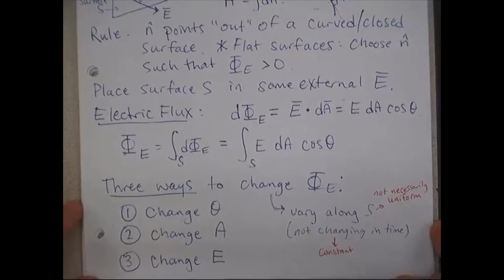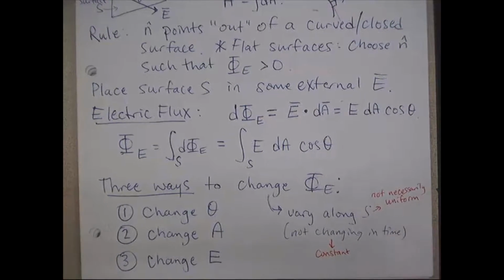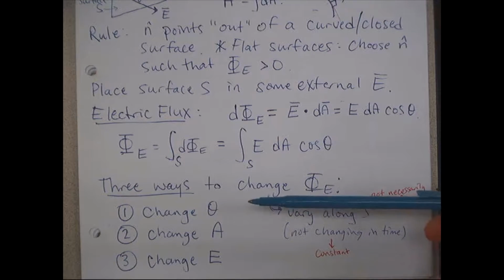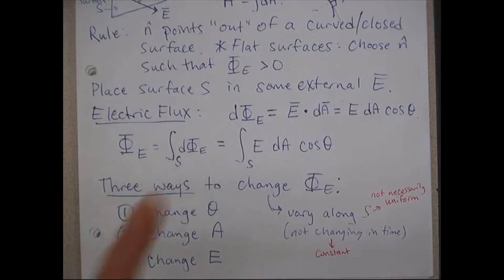In practice, the electric flux can change a few different ways. You can change the angle between the electric field and the area. You could change the area, the size of the area itself, or you can change the electric field magnitude.